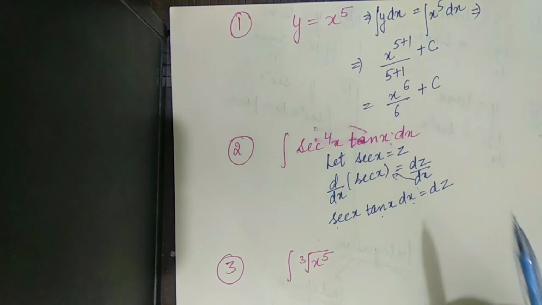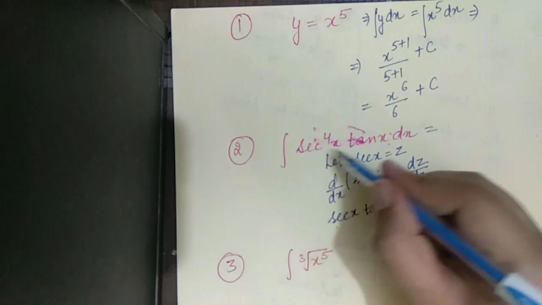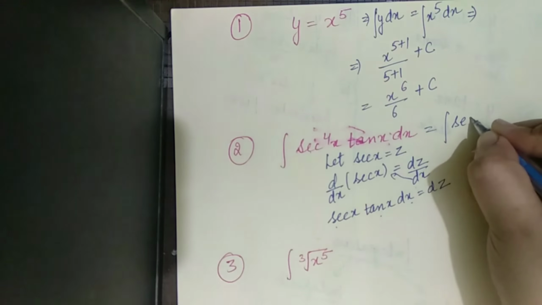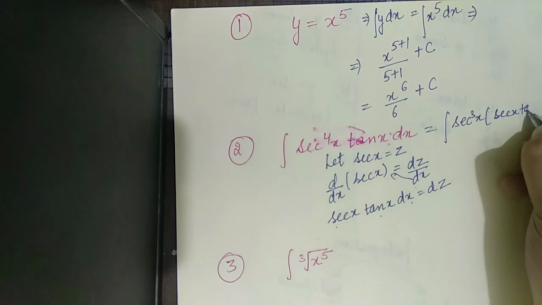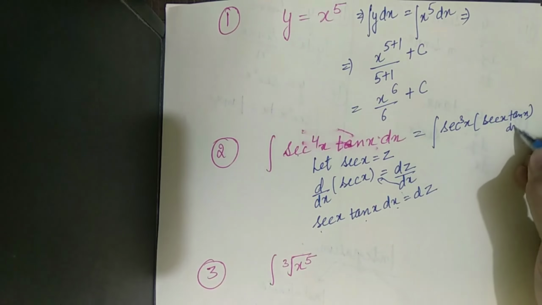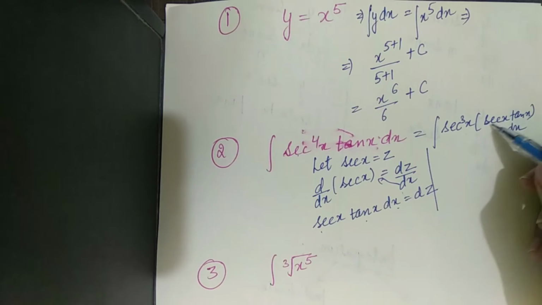Clear? So now what you have to do is this: we already have secant 4x tan x, so can we write it as secant cube x into secant x tan x? Yes, we can write it like this, right? Okay. So secant cube x, secant x tan x.